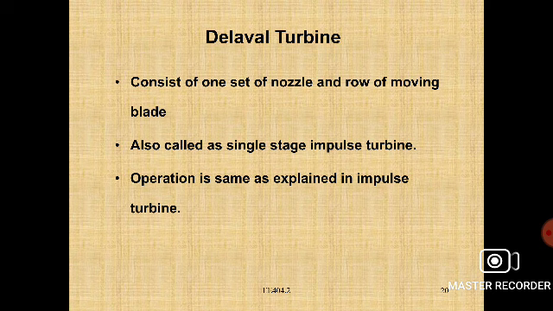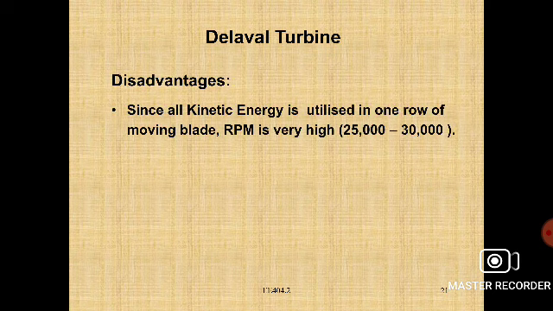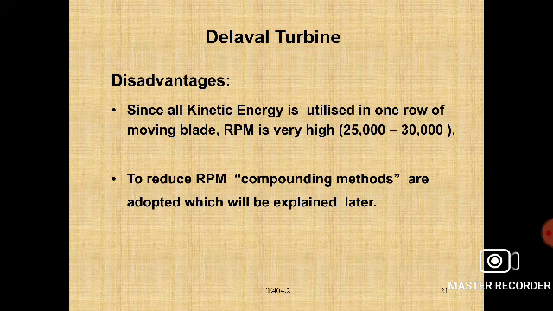Now what are the disadvantages of the De Laval turbine? Since all the kinetic energy is utilized in one row of moving blades, the rpm is very high, 25,000 to 30,000 rpm. To reduce the rpm, compounding methods are adopted, which will be explained later.